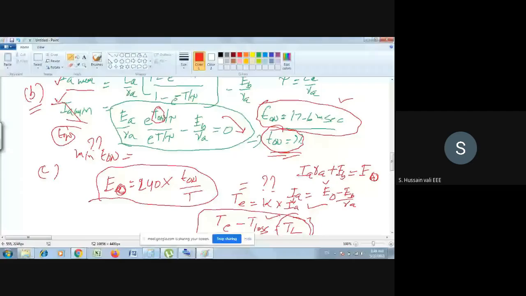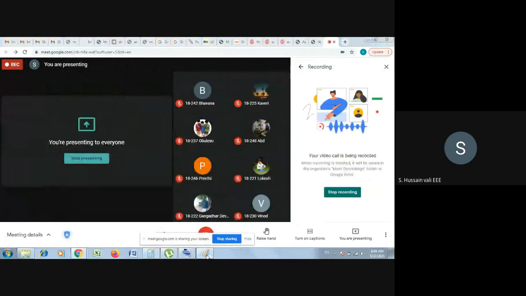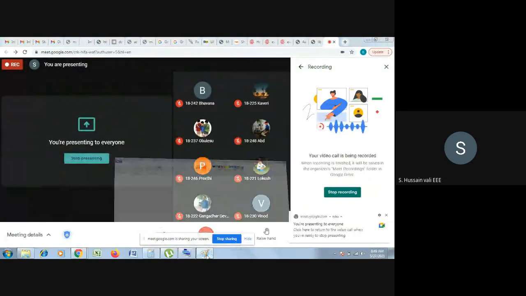We will take the help of this T on at the boundary condition for part C. So in part B we are just finding out the minimum T on so that it is still continuous. That is the logic. Using this logic, we will find out what is T on.